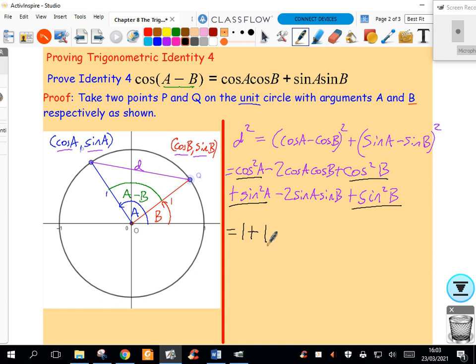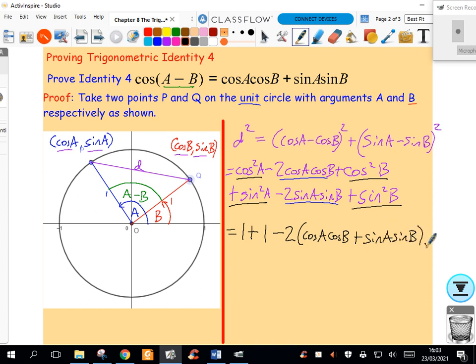And then we've got minus, and I'm going to factor out a 2 from these two terms in here. So 2 is common, and minus 2 is common, so I'm factoring out a minus 2. And what I get is cosine a cosine b plus sine a sine b.